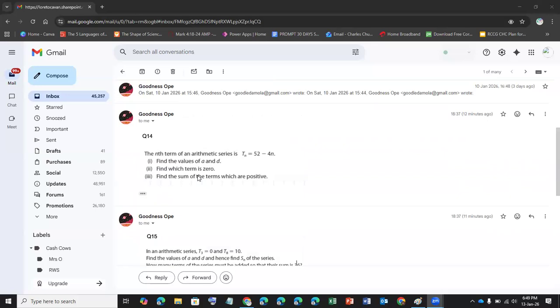It says find the values of A and D. And then it says find which term is 0, and then find the sum of the terms which are positive. So let's start with the first one. Find the values of A and D.